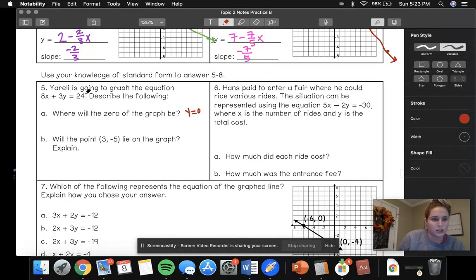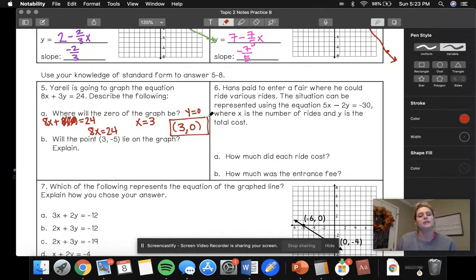And I'm going to actually use this function and rewrite it where y does equal 0. 3 times 0 is 0. And so we just have 8x equaling 24. Divide by 8, we get x equals 3. So a 0 would be this x-intercept of (3, 0).